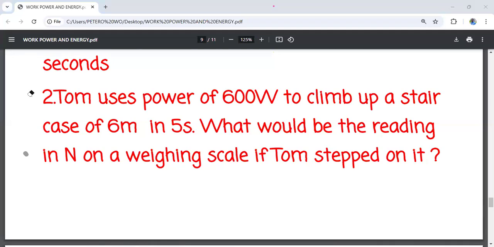We get our formula that for us to get power, we are going to use power is equal to work done divided by the time that is taken.